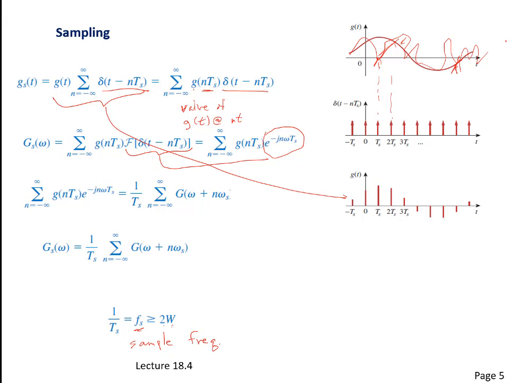And if I can reproduce any sine wave knowing 2 points, and that would be like knowing 2 zero crossings, right? Then I know the frequency of the sine wave. And if I know that, I can reproduce that sine wave.